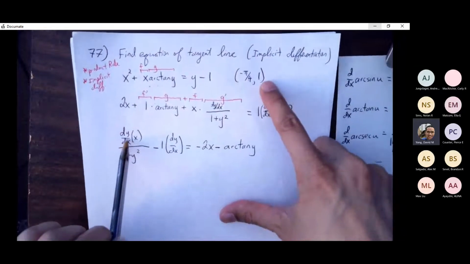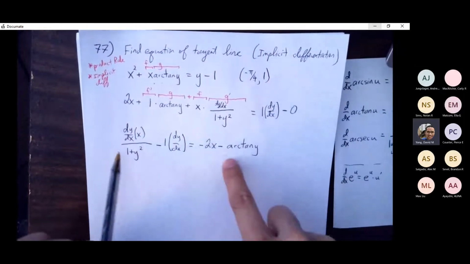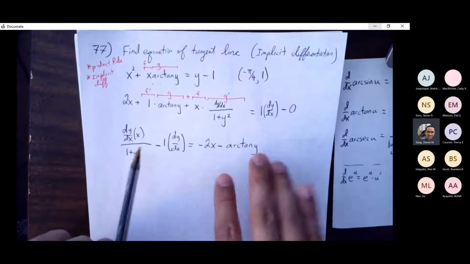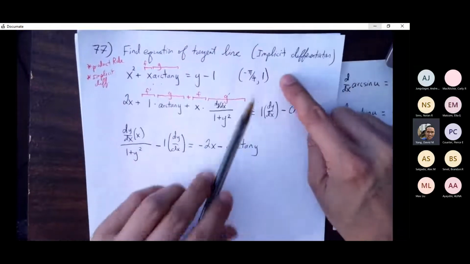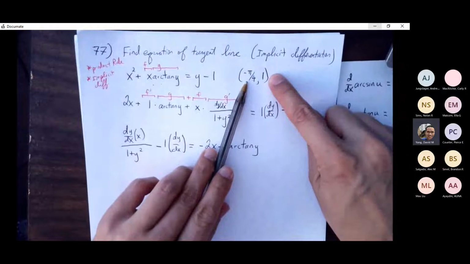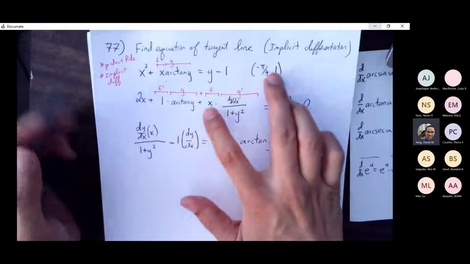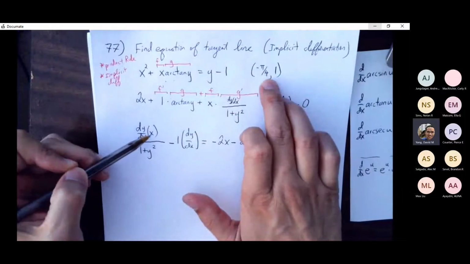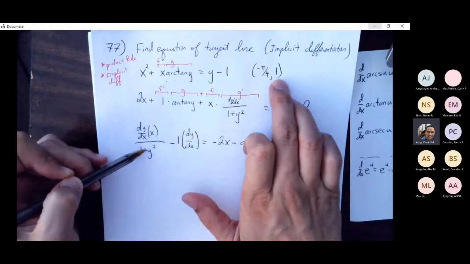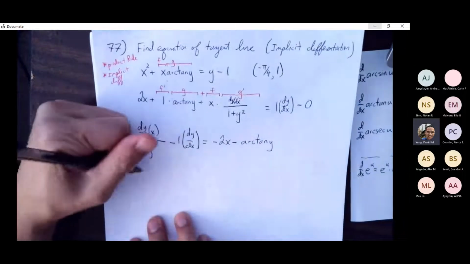So I'm just going to go ahead and start entering in my x and y values at this point. There's no need to hold on to all these variables if ultimately at the end they're going to be replaced with x and y anyways. Okay, so we just want to get to the slope here. So negative pi over 4 will replace x, and 1 will replace all the y's.